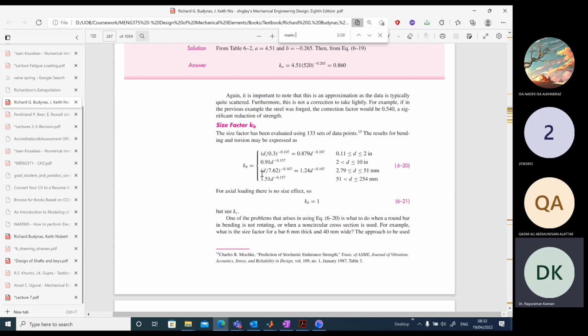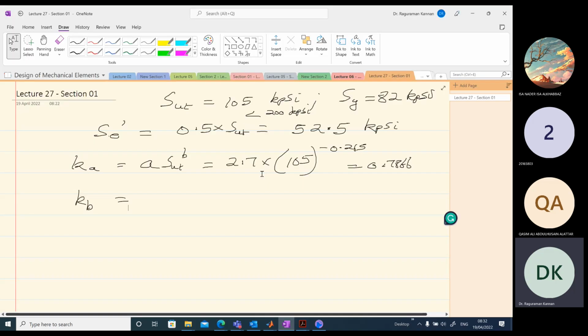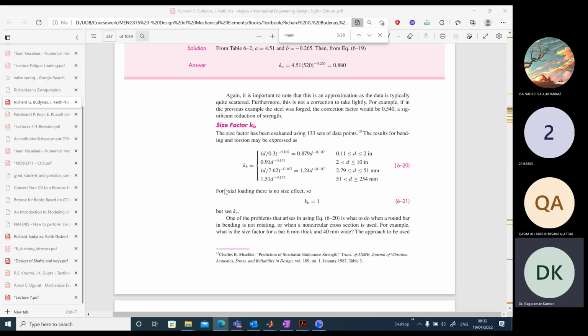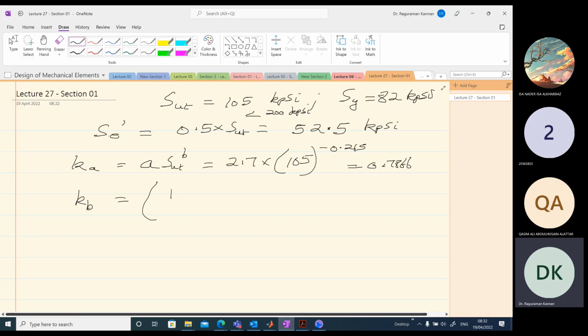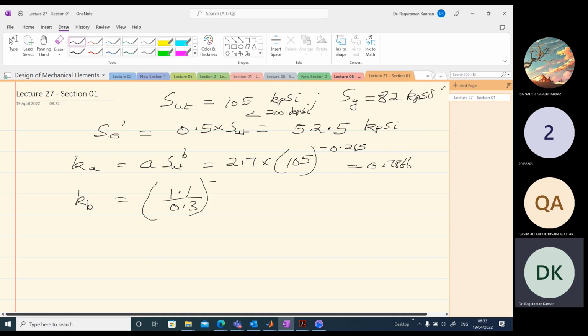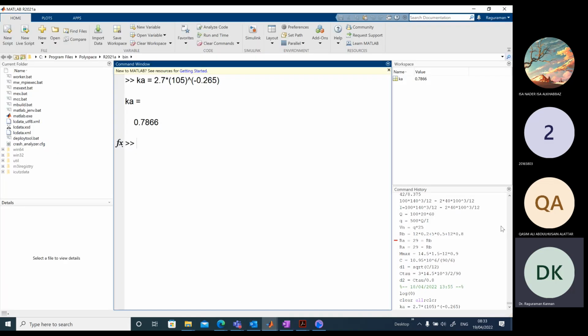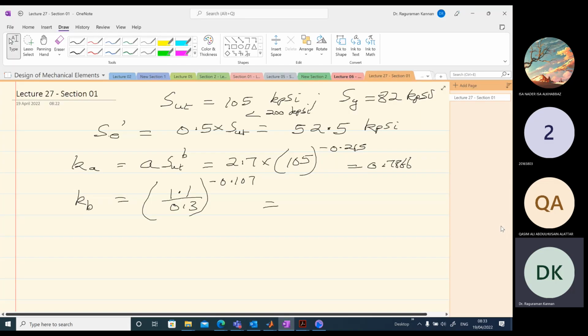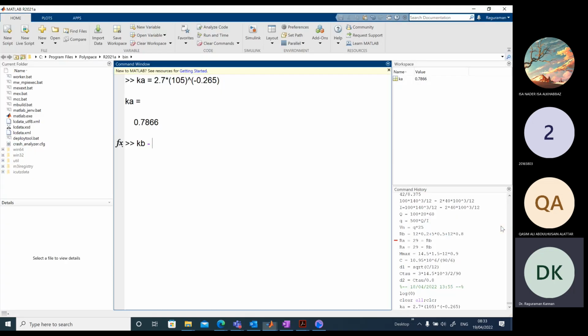Now we use the formula. Since we are in inches, 1.1 inches, we are within this range. We have to use this d over 0.3, raised to the power minus 0.107. Small kb is 1.1 over 0.3.